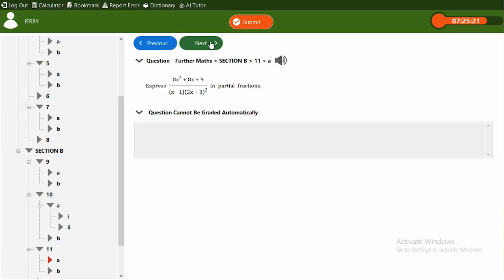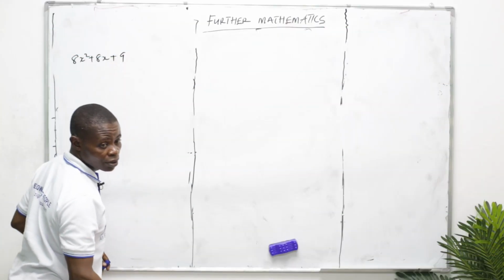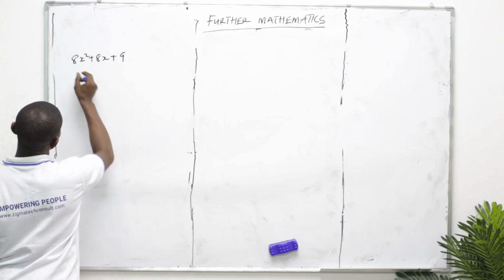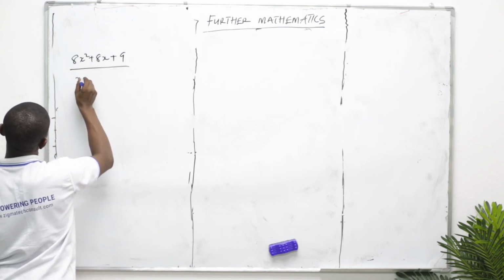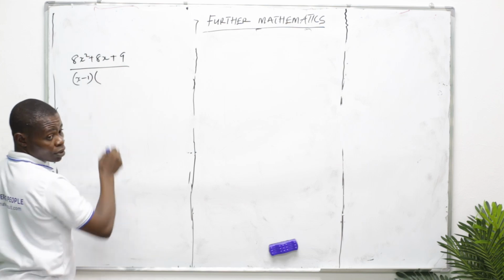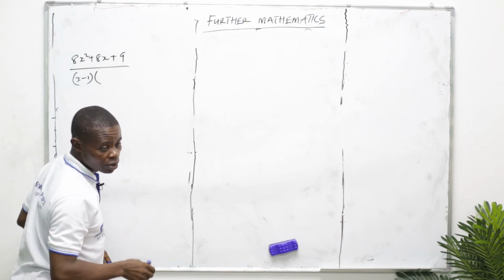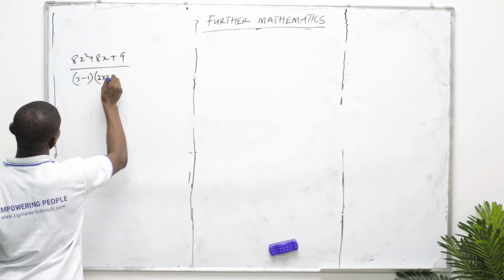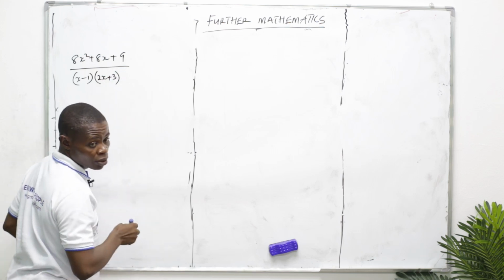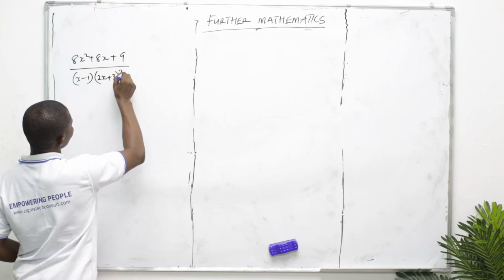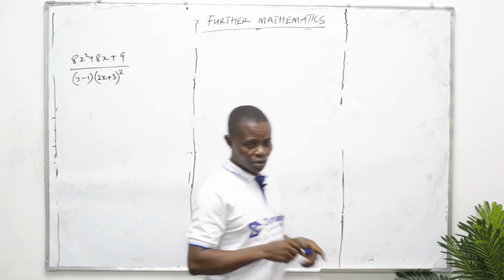Question number 11. Expand 8x squared plus 8x plus 9 all over x minus 1 into 2x plus 3 raised to power 2 in partial fractions.